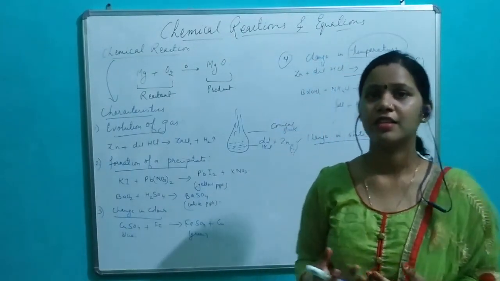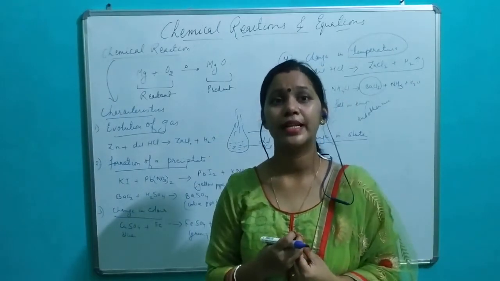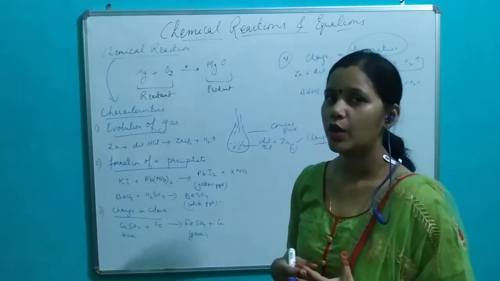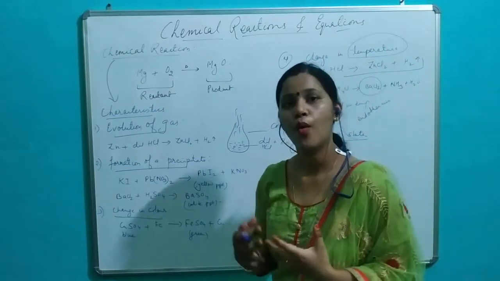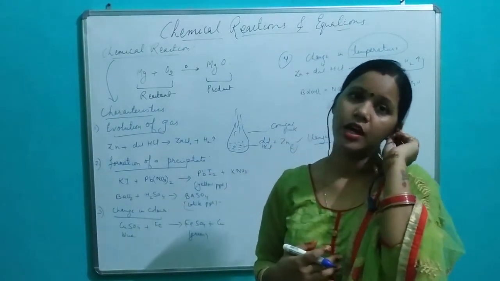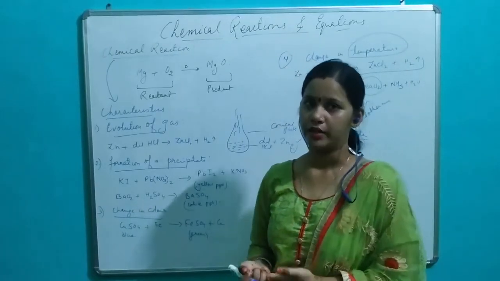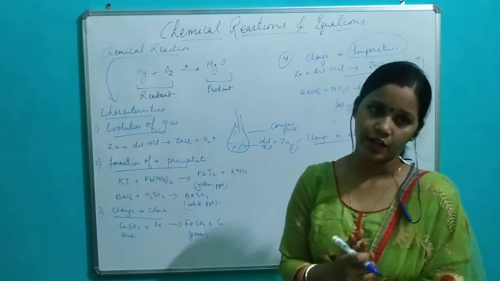When the wax melts, it is a physical change, a solid changing to liquid. Then in the burning of wax, the liquid changes to vapor. So a chemical reaction can also involve a change in the state of a particular reactant. So these are the characteristics of a chemical reaction.